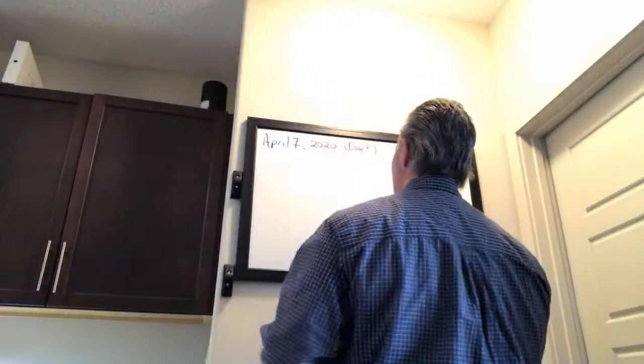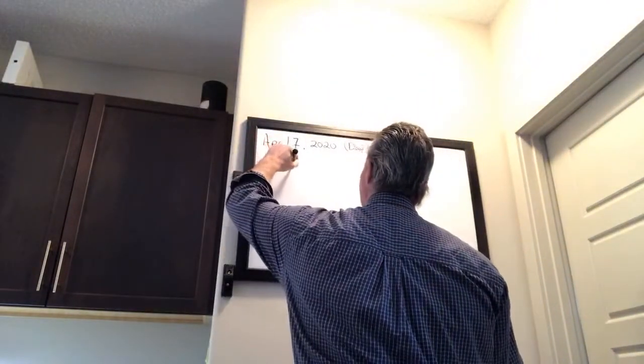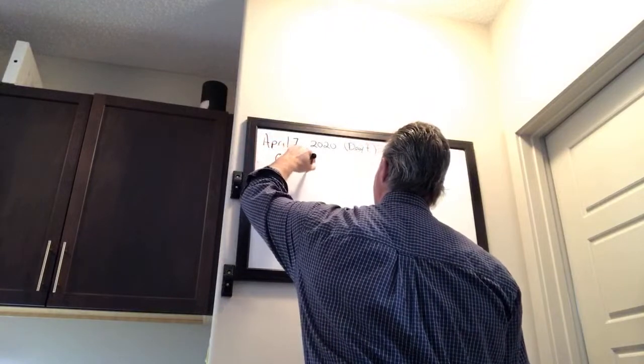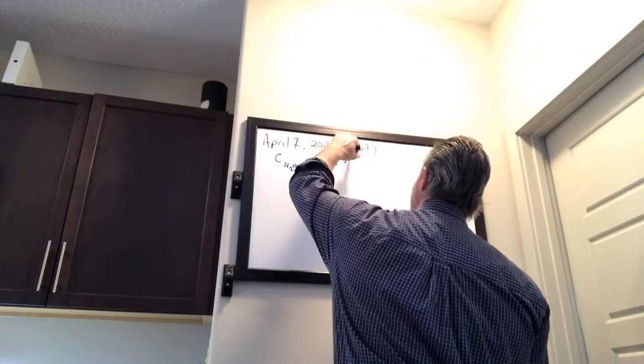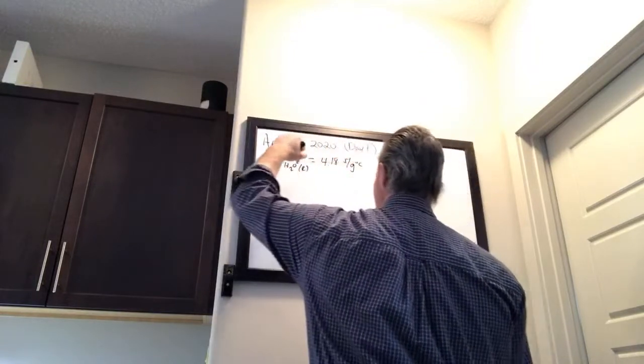So the specific heat of water in the liquid state is 4.18 joules per gram degree Celsius temperature change.